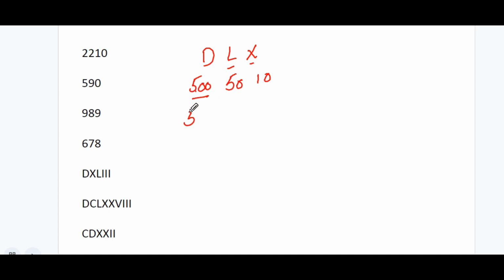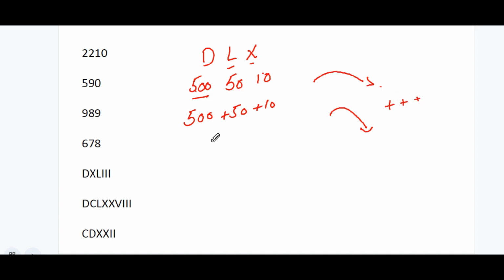Fine, we can add these numbers, okay? And then this number is smaller than this. Okay, so we can add all these numbers. We are going in descending order. When you are going in descending order, meaning when you are going down, you can add the numbers.